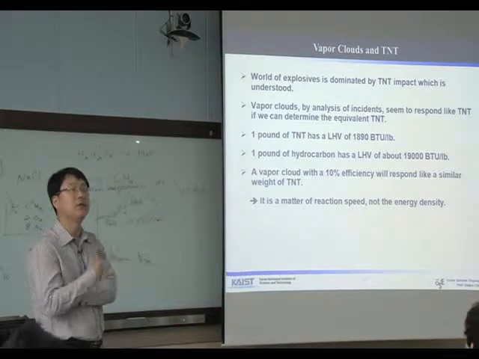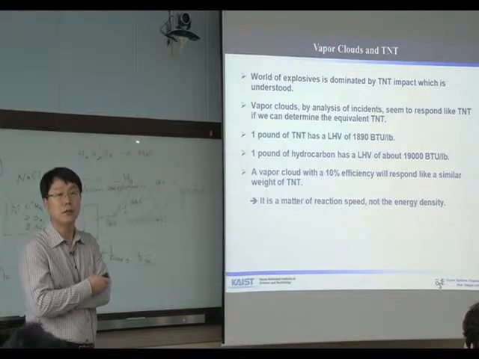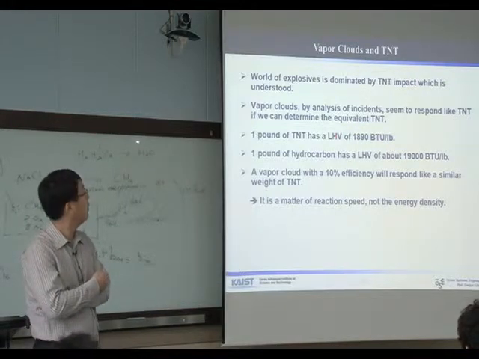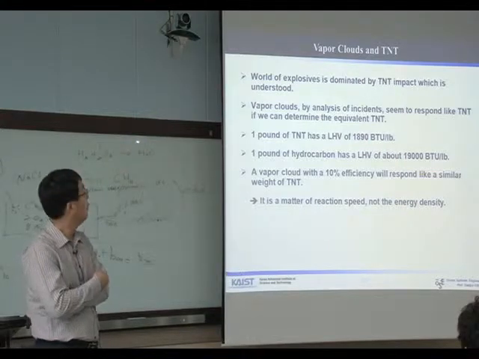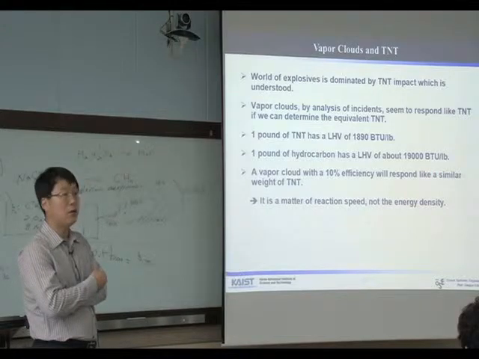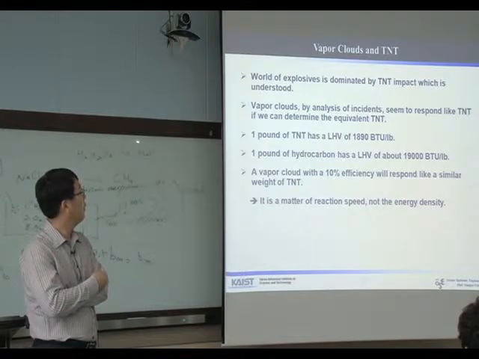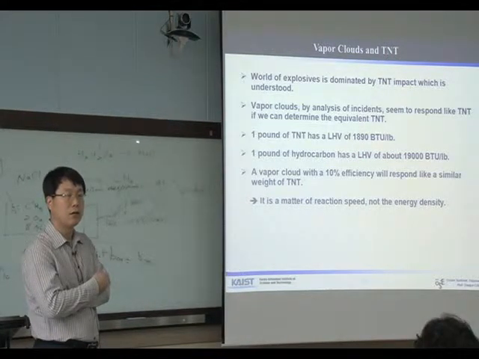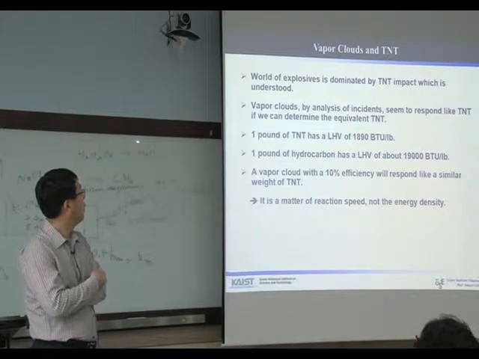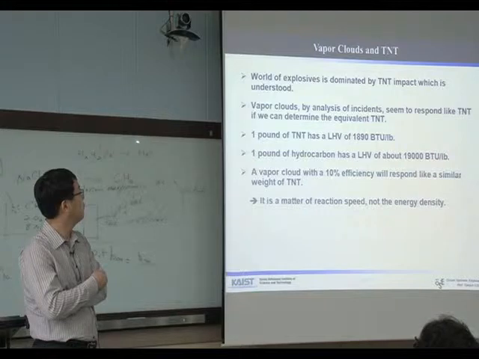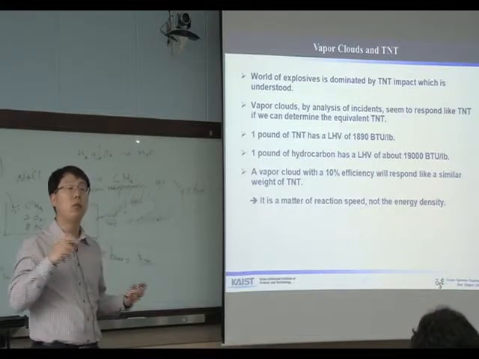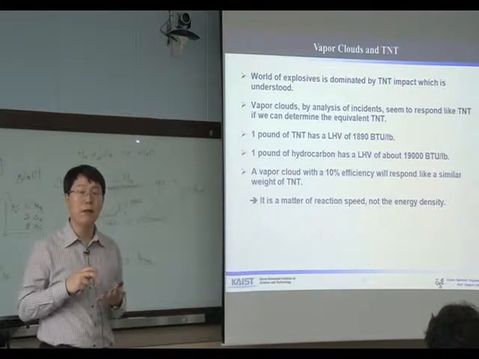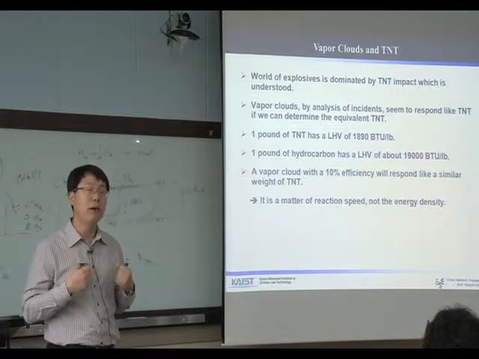Lower heating value is just reaction energy, reaction enthalpy change of around 2000 BTU per pound. 1 pound of hydrocarbon, for example octane, has a reaction energy about 10 times greater than this. So a vapor cloud with 10% efficiency will explode like a similar weight of TNT. So the explosion overpressure is not a matter of energy. It's a matter of speed.